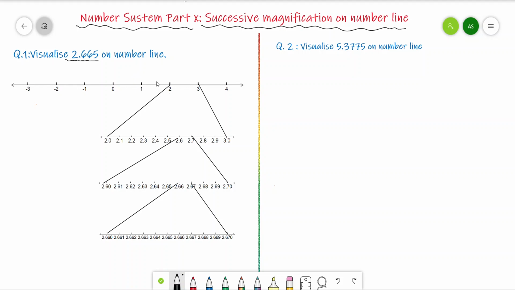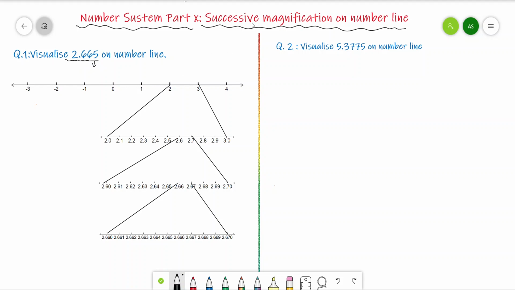If someone says to represent it on the number line, it is not very easy to draw or show it on the number line because it contains the thousandth place of decimal, which means we need to divide the space between 2 and 3 into thousand parts, which is practically not very feasible.